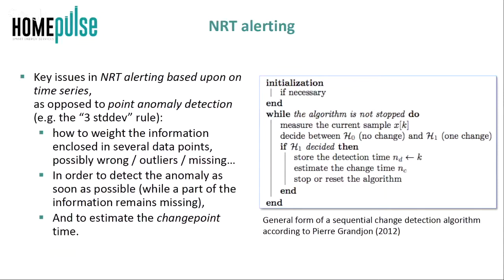Once we detect it, we can raise an alert. And once we detect that, we go back in the past to try to estimate the date of the change, to find the change point.